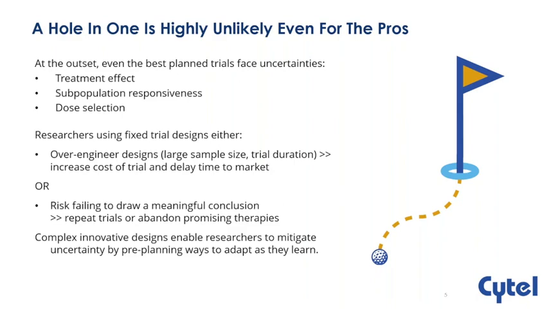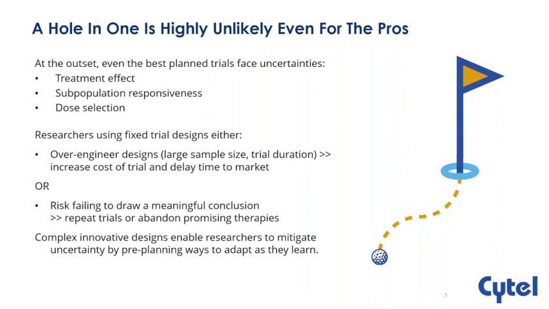Some of the key parameters that we adjust are based on uncertainties related to treatment effect, to inclusion of subpopulations or focusing on subpopulations, and the dose selection. The main problem with so-called traditional designs, which didn't have the flexibility to change things in the middle of the trial, was that we come to phase 2 or phase 3 with limited information, and oftentimes we over-engineer designs. Particularly, we have too large a sample size.